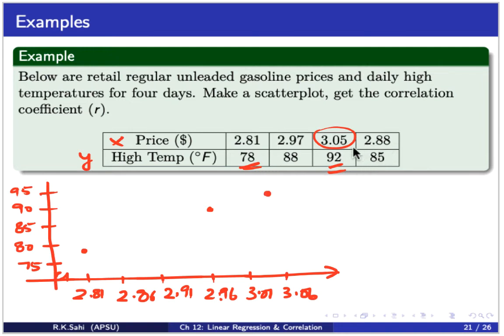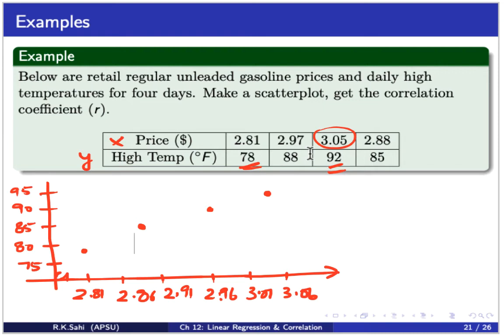Okay, 2.88, closer here, and 85. Now that number we already have, so I'm just going to eyeball the 2.88 here. Okay, so notice, it kind of looks like a straight line. Do you see that here?